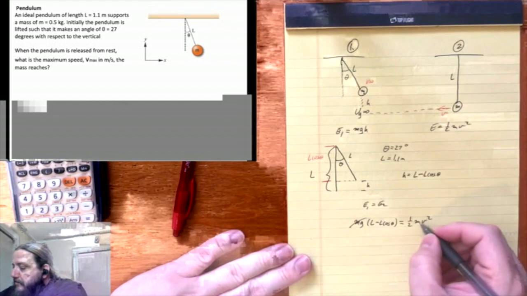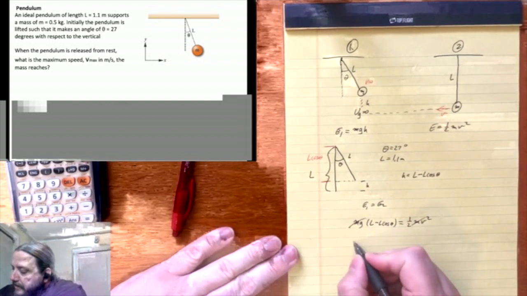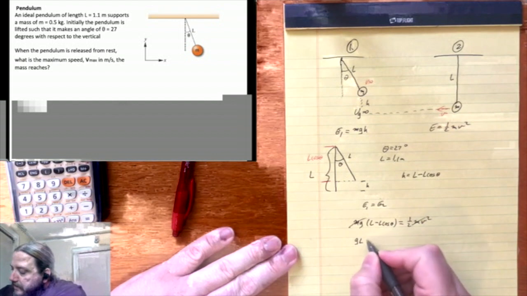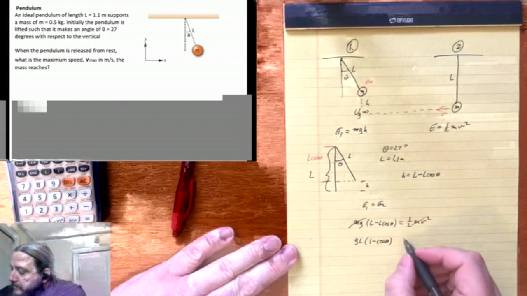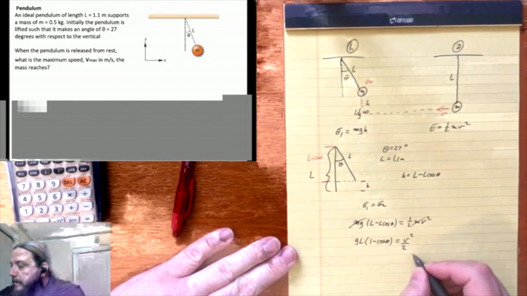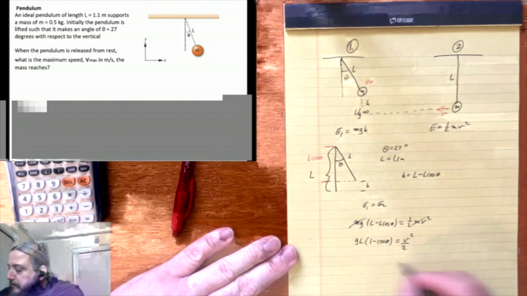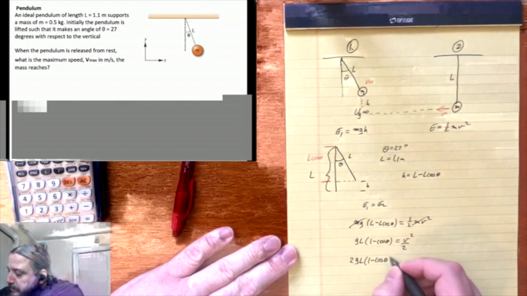The masses cancel on both sides. Let's go ahead and factor out the L here. So that's g times L times 1 minus cosine theta on the left. And on the right we have v squared over 2. We're solving for speed. So 2gL times 1 minus cosine theta is our speed squared.